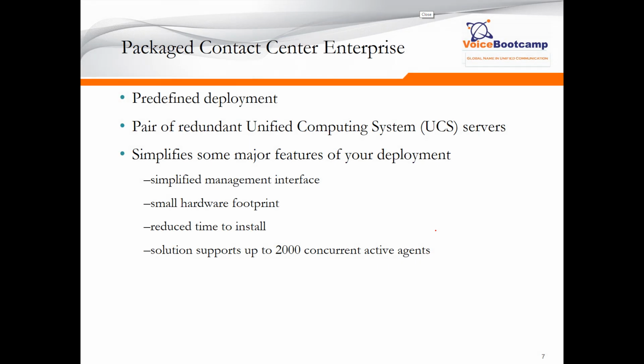The Package Contact Center Enterprise is predefined, meaning it is already installed and configured to a certain degree. It is a pair of redundant UCS servers that simplifies some major features of your deployment, such as the management interface, with less hardware and reduced install time because it's pre-deployed, and can support up to 2,000 concurrent active agents.